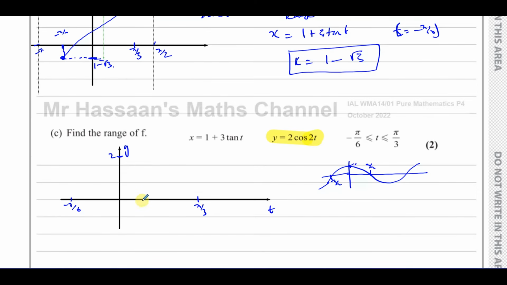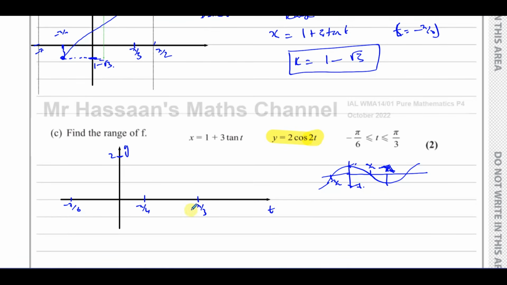Now, pi over 4 is less than pi over 3, right? And instead of hitting minus 1 at pi, it's going to hit minus 1 at pi over 2.